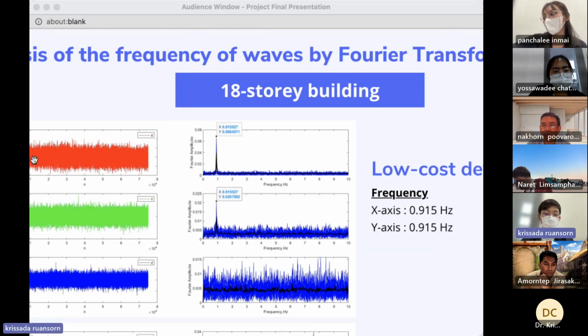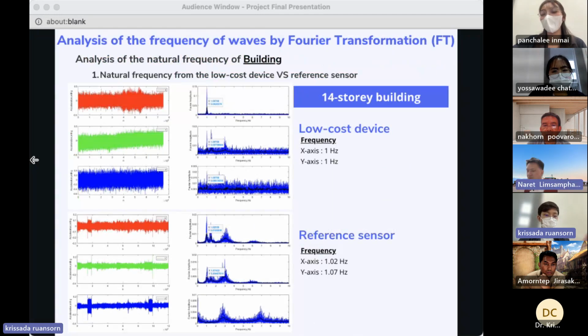In the same time, there is only one experiment, which is the 14-story building. But the other two experiments were at different times. Okay, so this one is simultaneous, right?